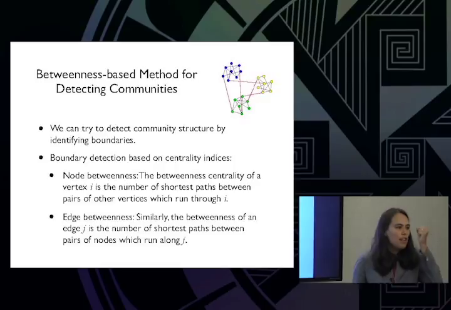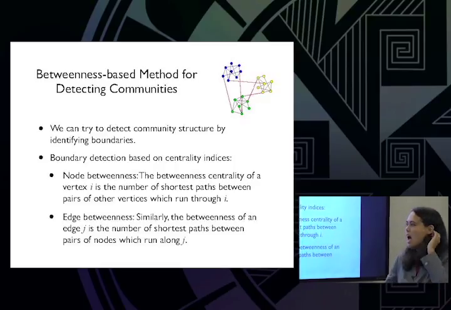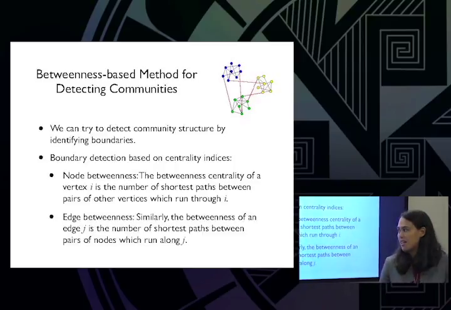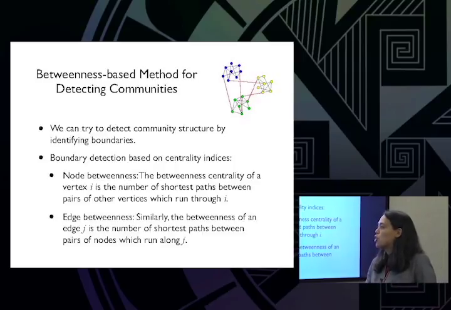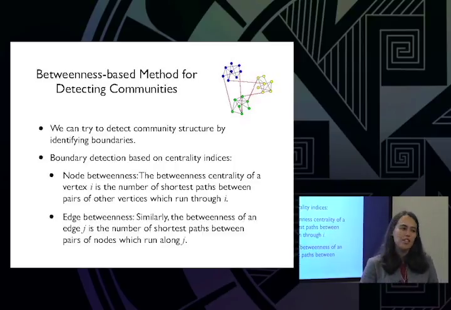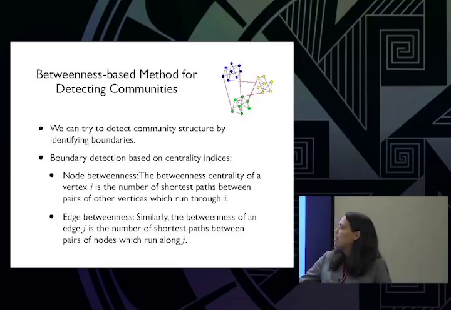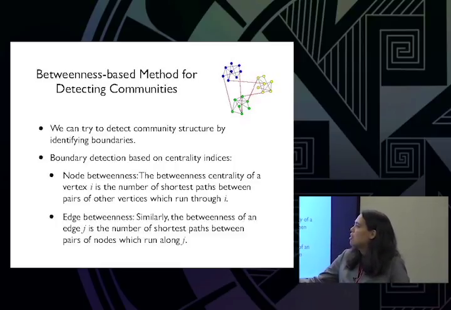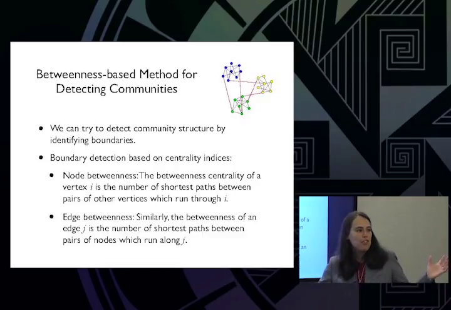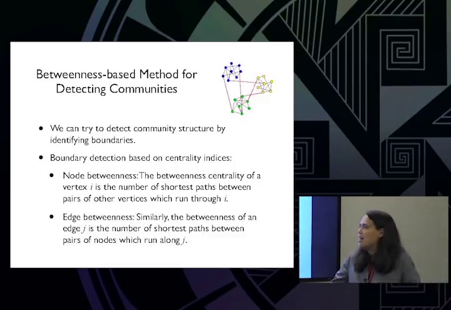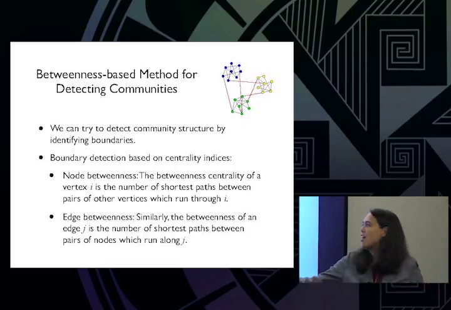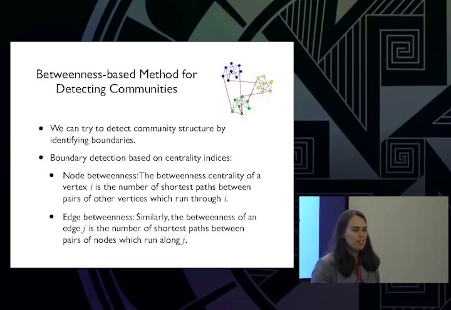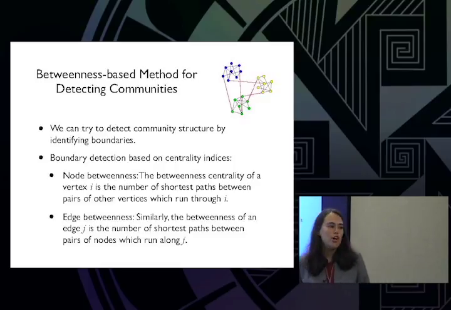Degree is one, which gives me the number of connections that node has. Another measure of node importance is what's called betweenness. The betweenness centrality of a vertex i is the number of shortest paths between pairs of other vertices which run through i. So if I just pick a random node, I'm going to look at all pairs of nodes in this system, and count how many of those pairs had a shortest path that went through this node of interest. And that gives me the node betweenness.